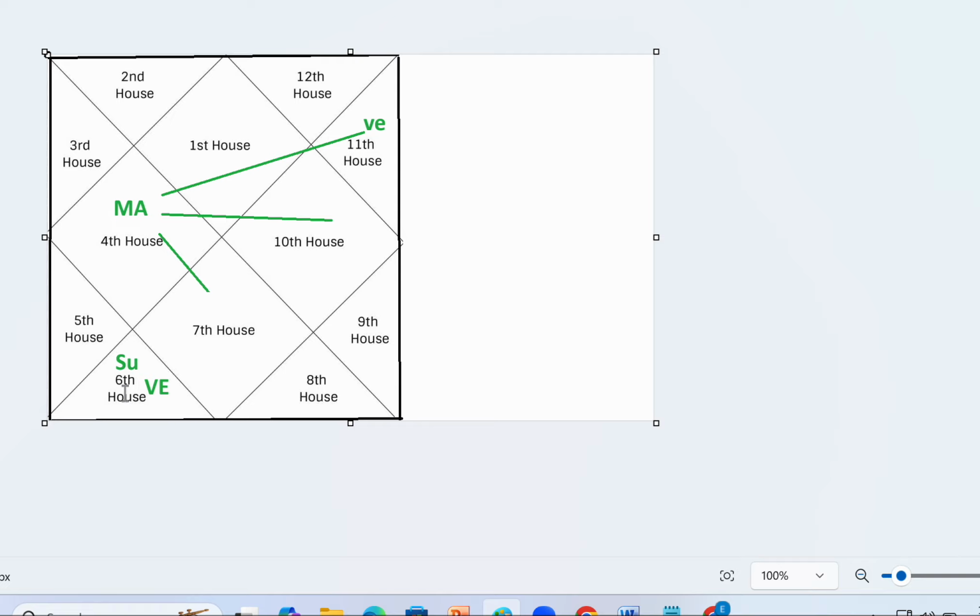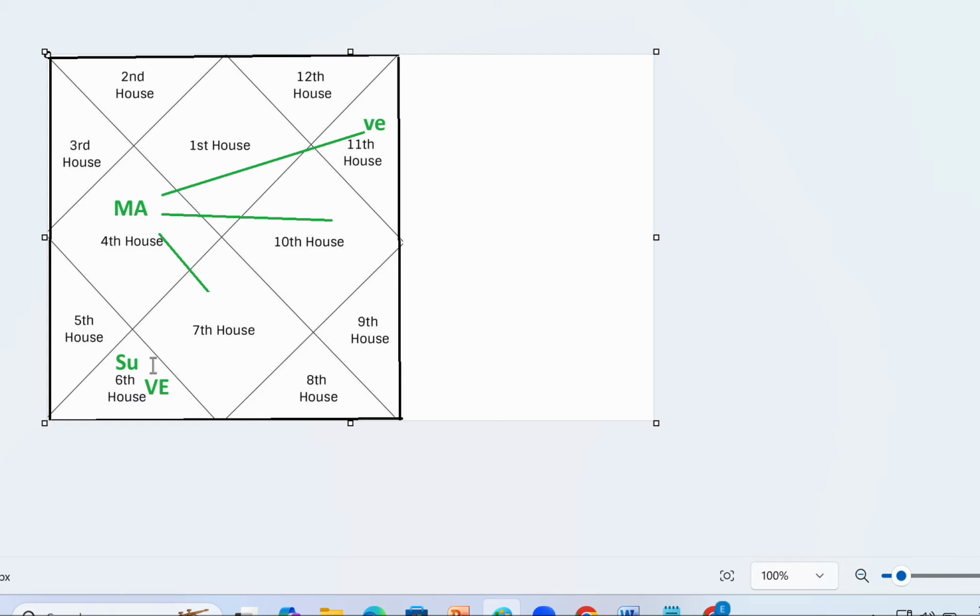Now I'm consolidating concepts of debilitation, exaltation, friendly sign. So, sir, if another planet is sitting with the debilitated planet, in that dasha automatically this planet's characteristics will reflect.